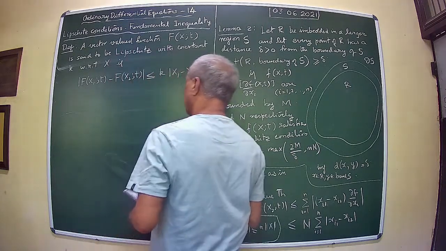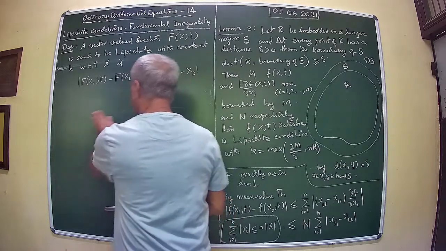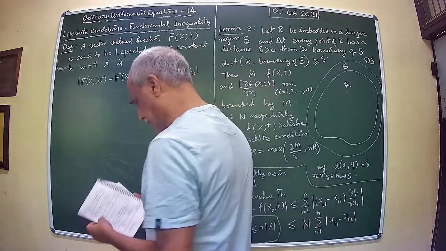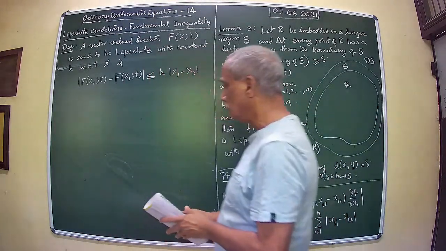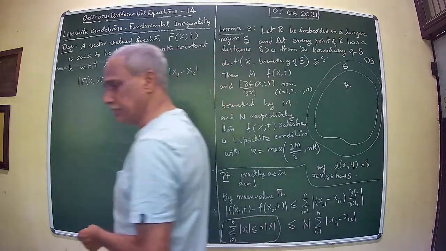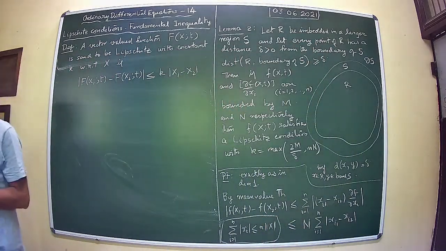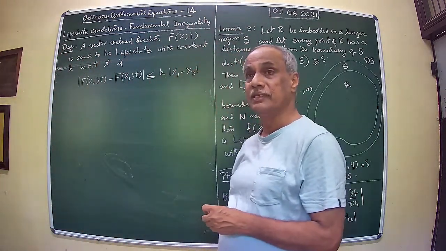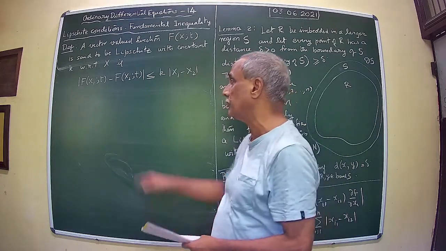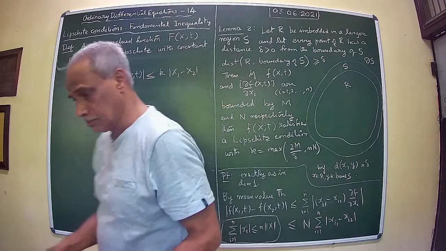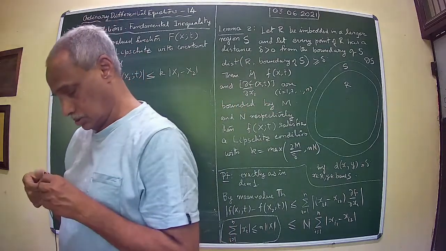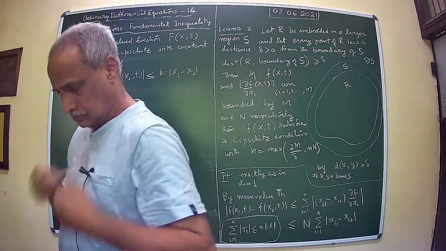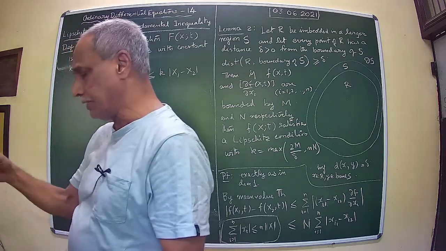Now we are taking vector valued equations, right? So an important result is that a vector valued function is Lipschitz if every component of that vector valued function is Lipschitz. Every component means the scalar valued functions which form the components of the function f is Lipschitz. So that's what we want to prove.